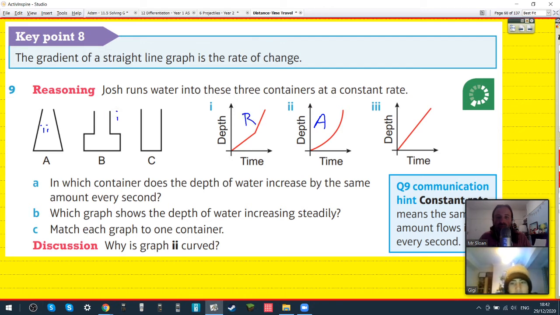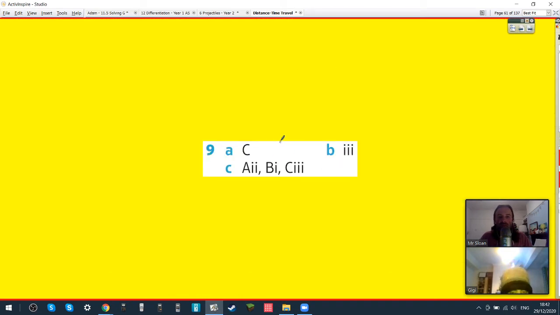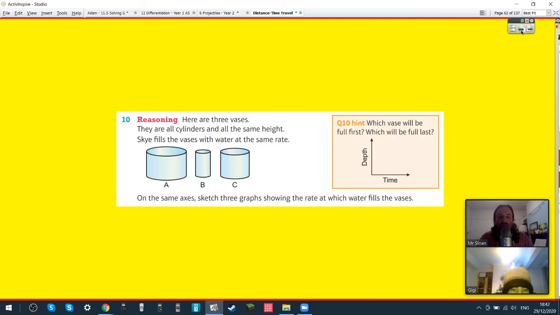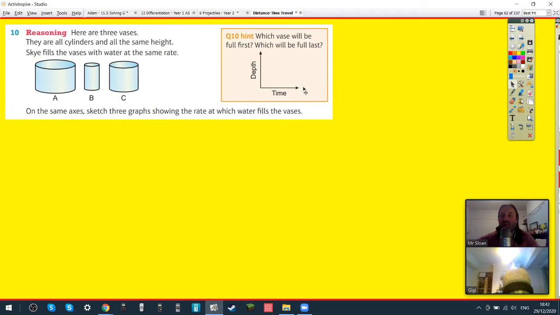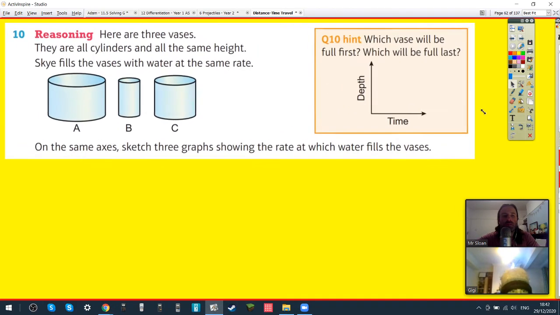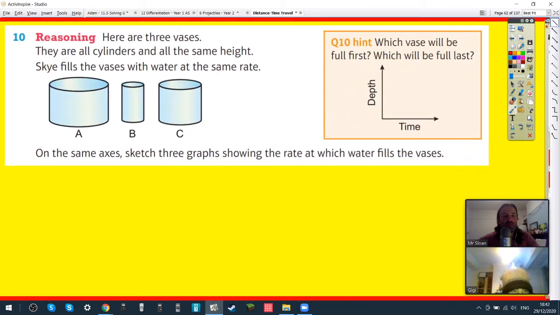And C would be 3. BAC. Okay, they did it a different way. Okay, how would you sketch the graphs for these three? How would they be different?